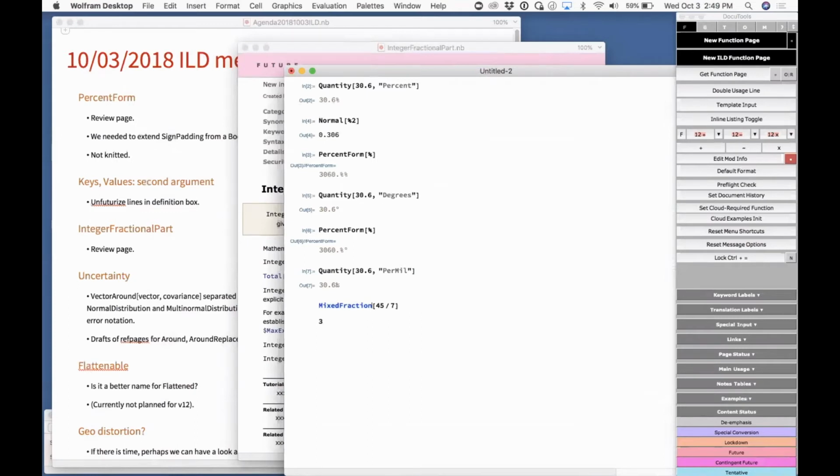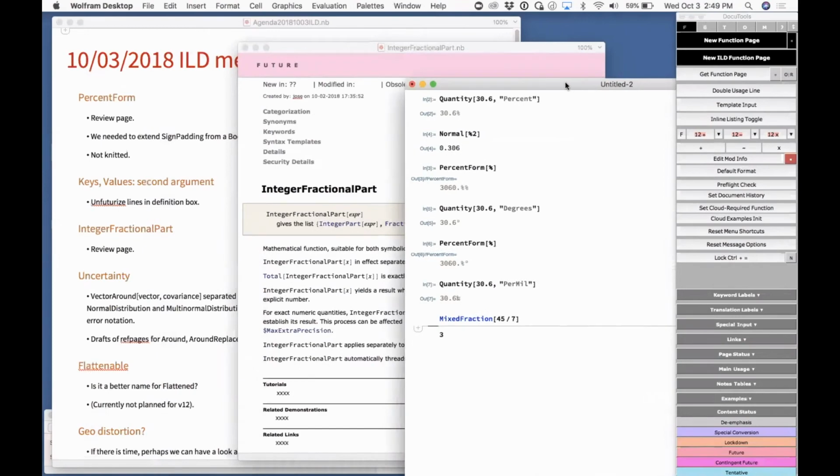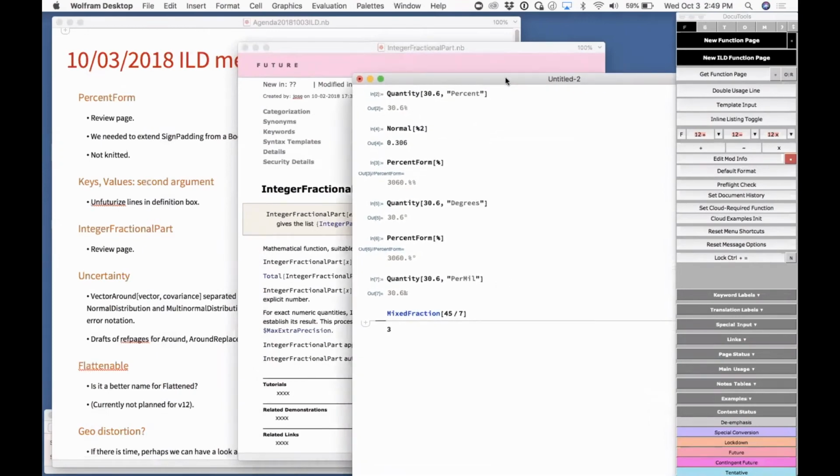Someone is saying mixed fraction is a bad name. So let's recall what this thing is doing. It is turning something into a mixed fraction, but it is not a mixed fraction form. I mean, this would be more like to mixed fraction, except that it isn't really a mixed fraction because it's a pair.